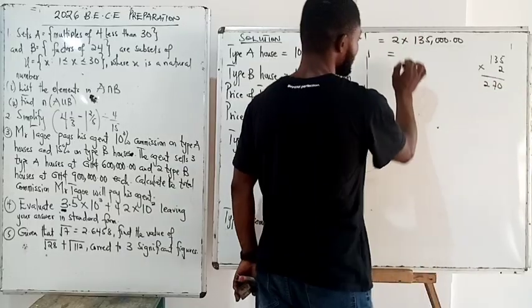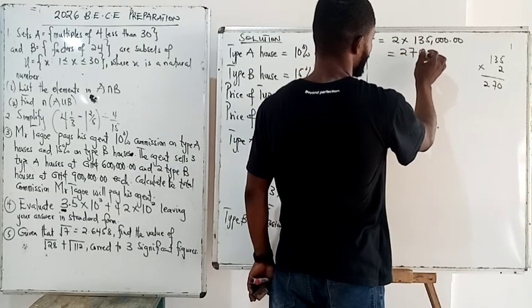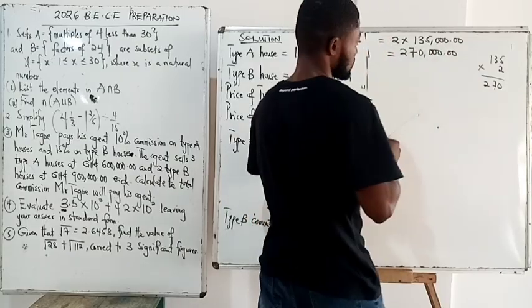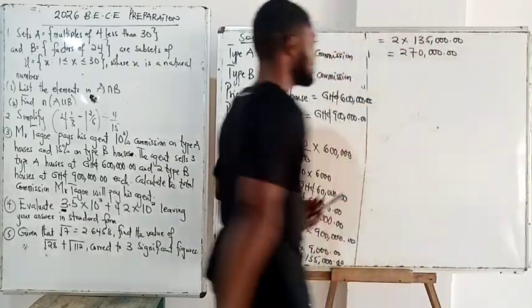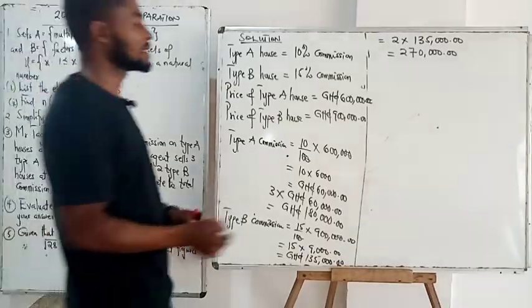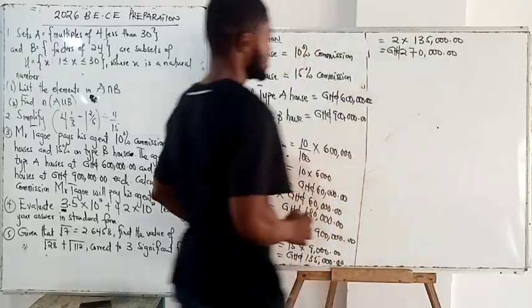So 270. So he's getting a commission of 270,000 Ghana cedis for the 2 type B houses.